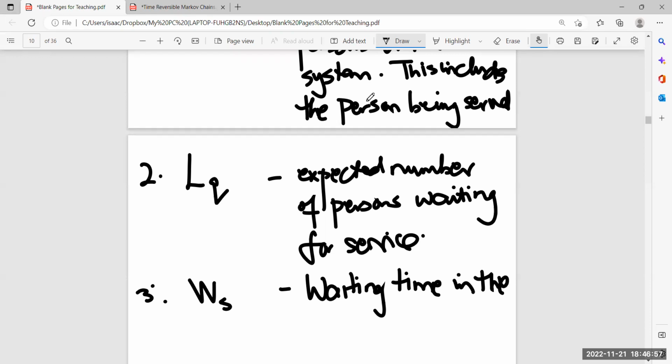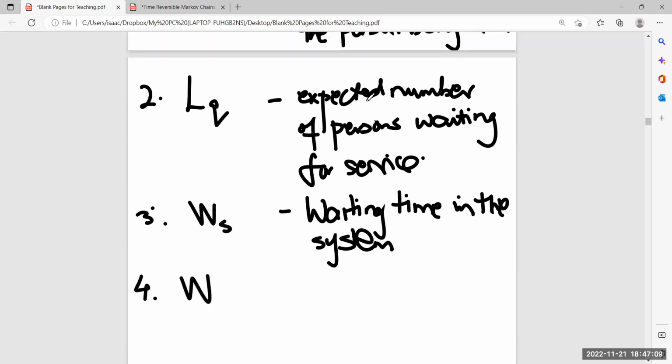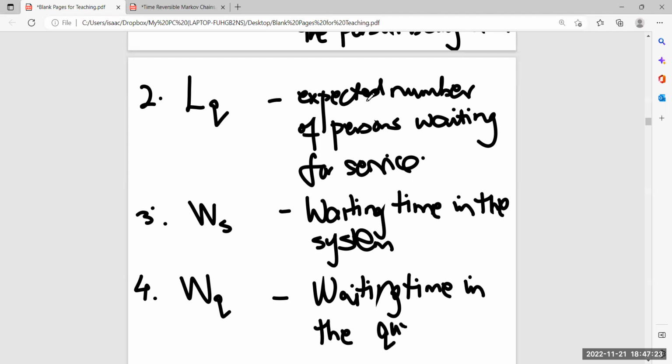Yeah, the expected waiting time in the system. And number 4 is the expected waiting time in the queue, WQ, right? So although I didn't use the term expectations in 1, 2, 3, and 4, they are all expected values.